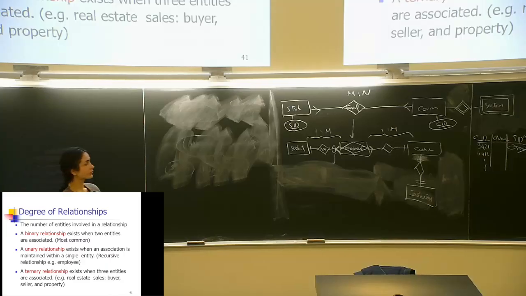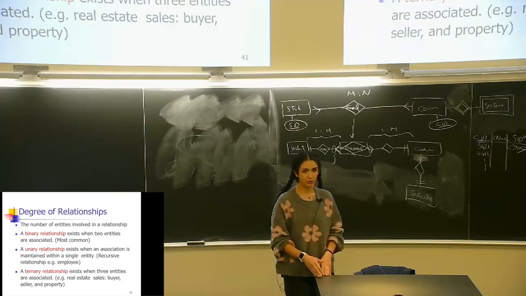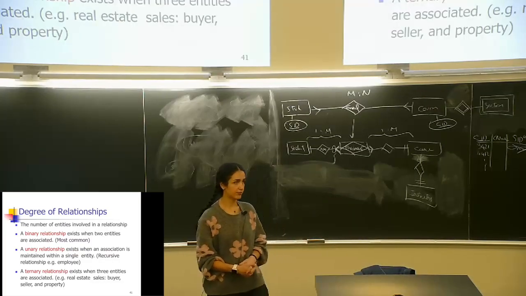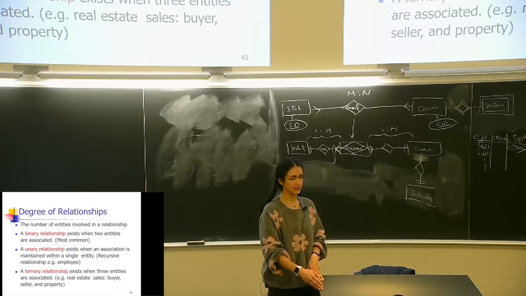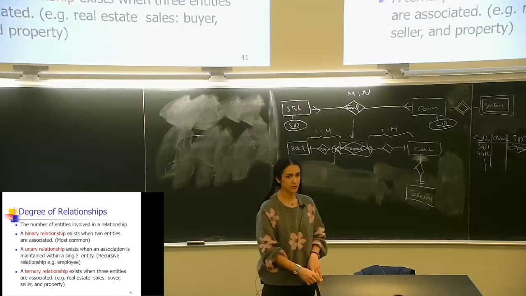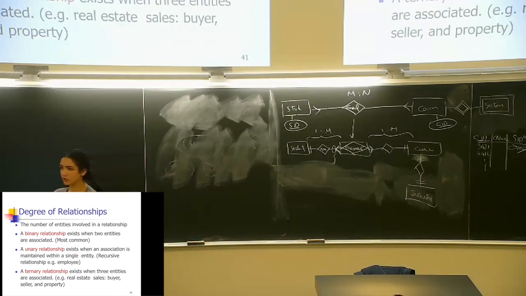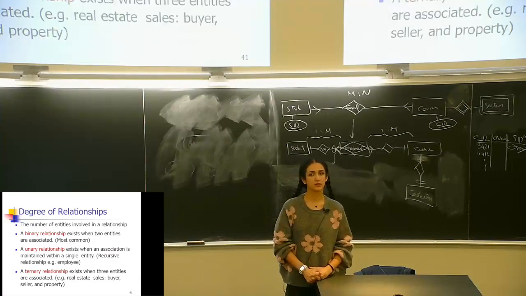Now, let's say we have prerequisites for courses, right? For example, let's say course ECS 3421 is a prerequisite for ECS 4412, right? So some courses can be prerequisites for other courses. How do you represent that? What type of relationship is this?